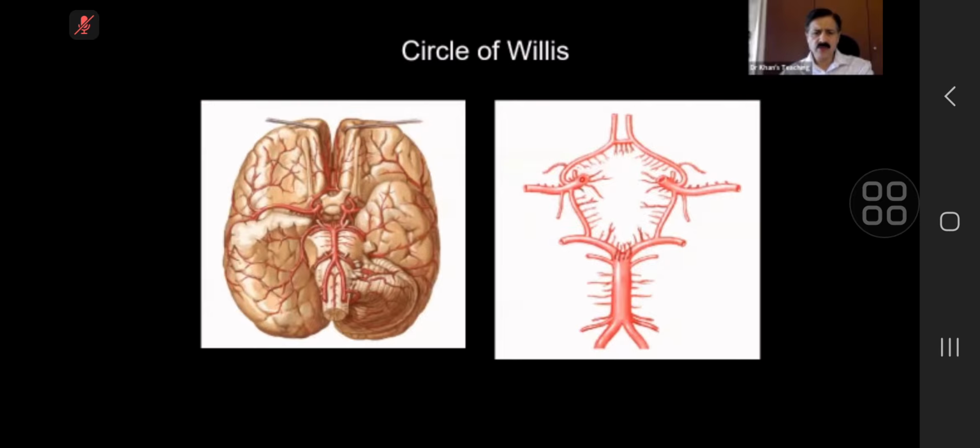From here, the anterior cerebral artery, ACA, and the MCA arise. This ACA joins the other sided ACA through the anterior communicating artery. We usually call it the ACOM, written as A and COM in capital. Posteriorly is the PCOM, or posterior communicating artery. So this is the circle of Willis.